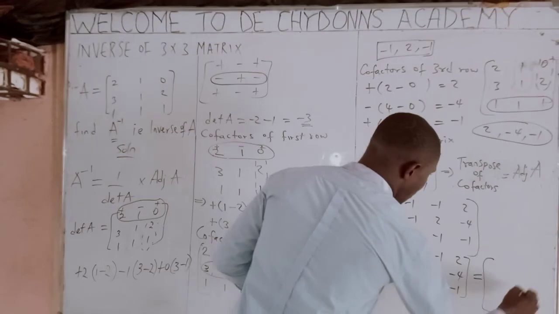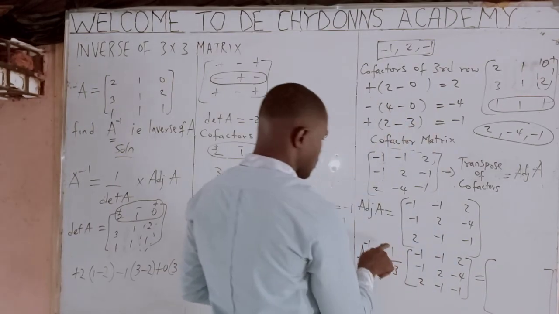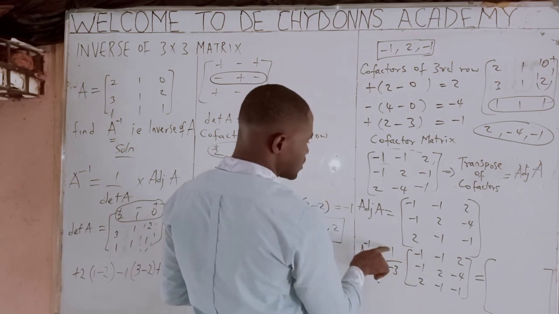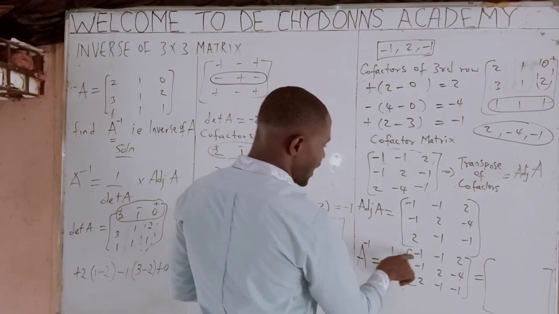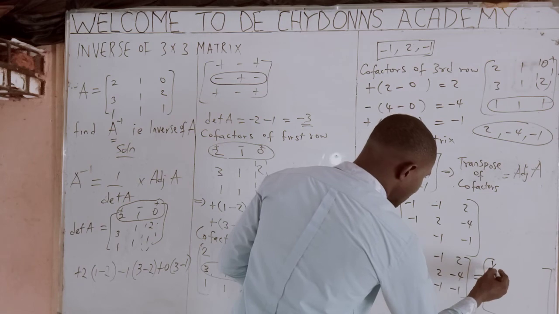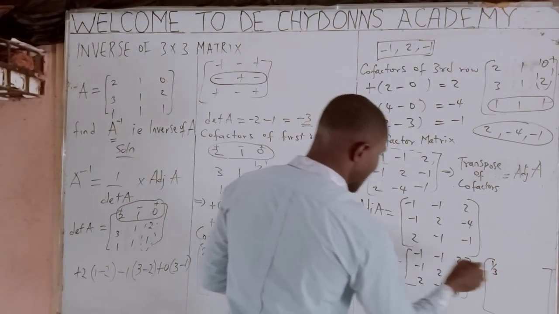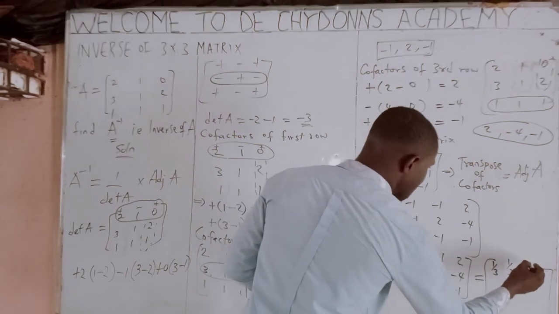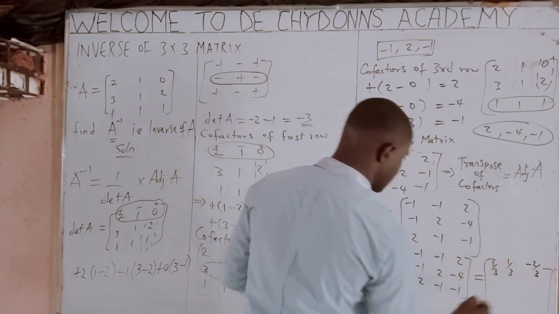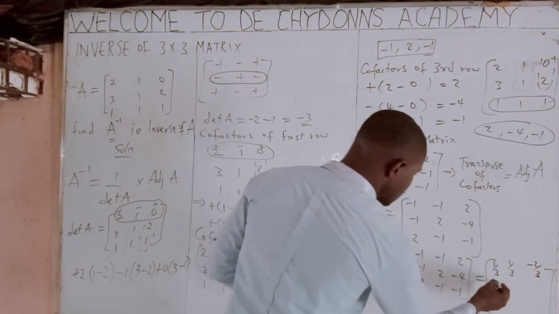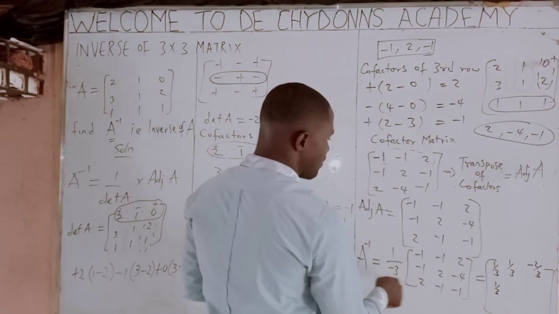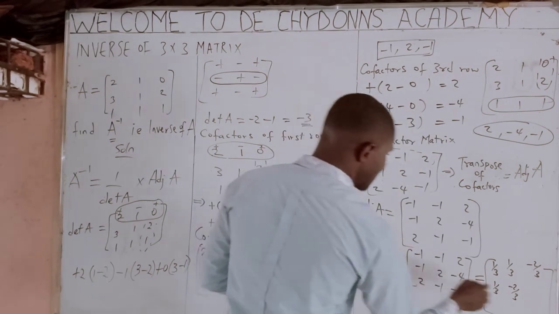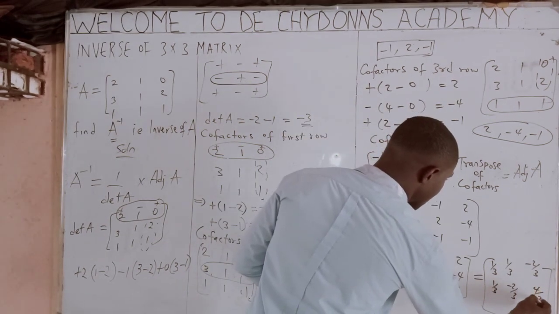We now get our final answer by multiplying each of the elements by 1 over minus 3. 1 over minus 3 times this, 1 over 3. Times this, 1 over 3. Times this, minus 2 over 3. Times this, 1 over 3. Times this, minus 2 over 3. Times this, 4 over 3.